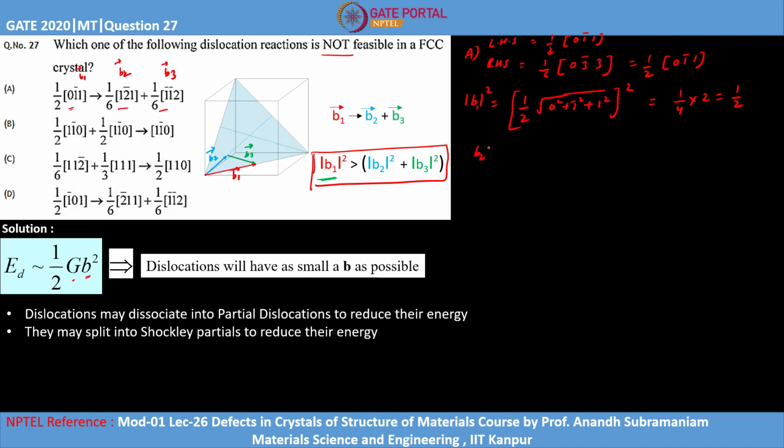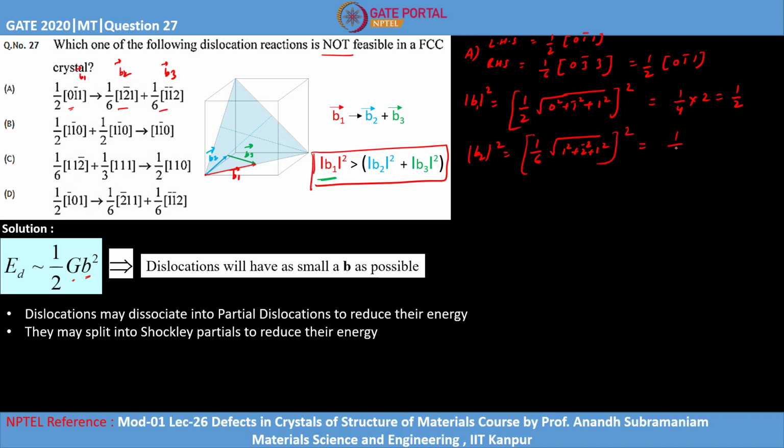The magnitude of b2 squared, if you calculate, will be equal to 1/6 under root of 1 squared plus 2 bar squared plus 1 squared, the whole squared.